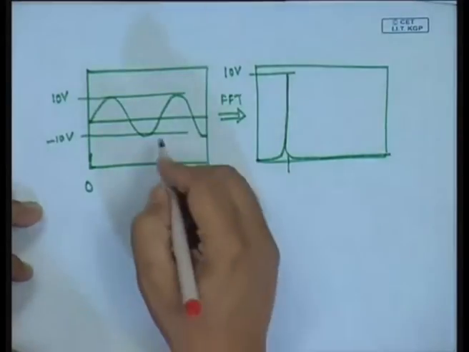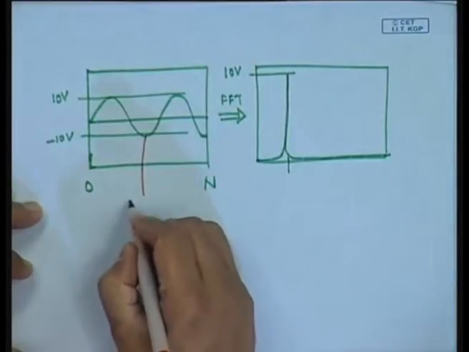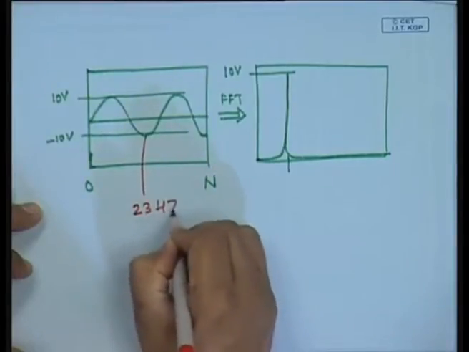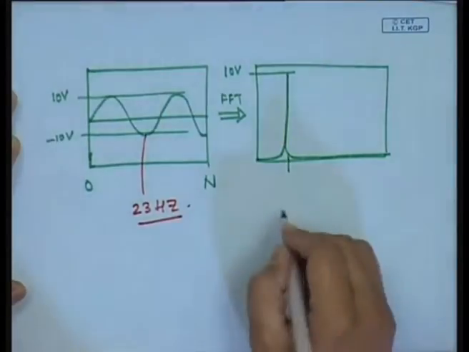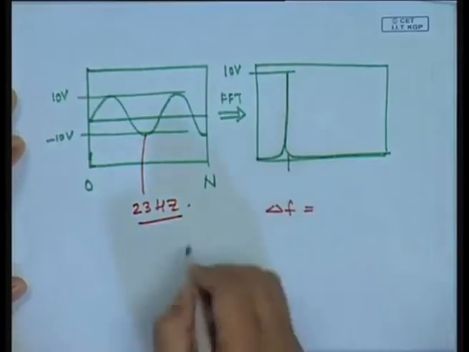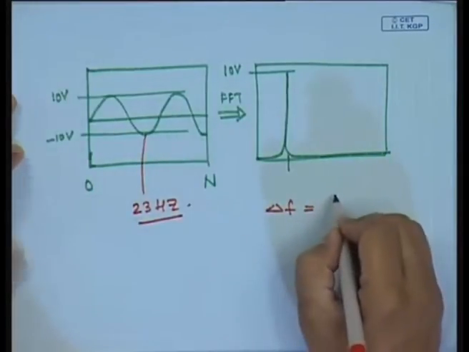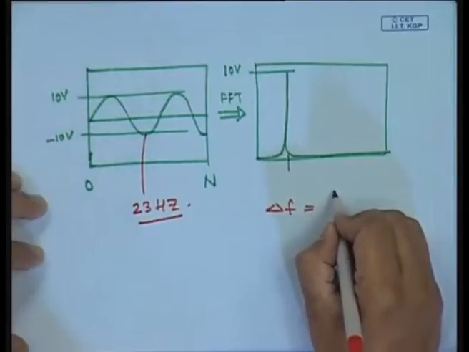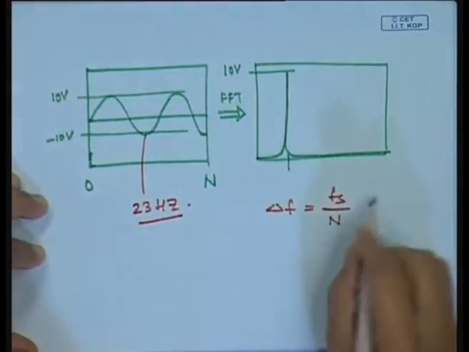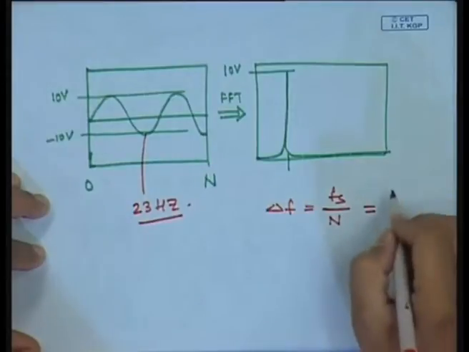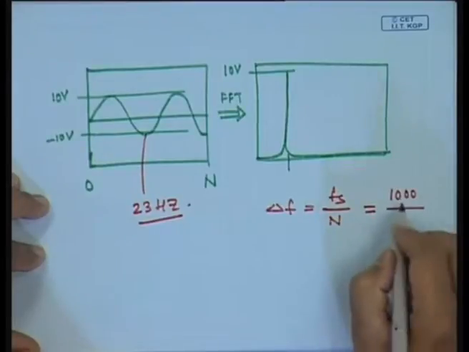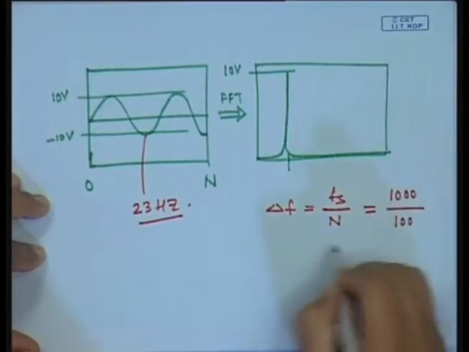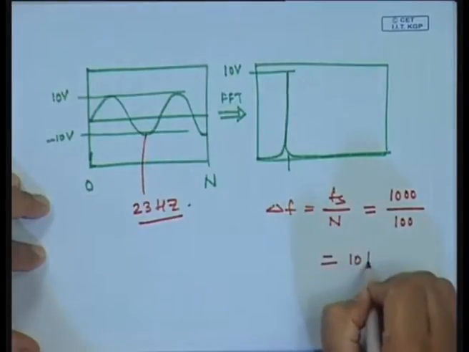I will go into the specific details. For example, this is a signal of a frequency of 23 hertz. Delta f is nothing but your Fs by n, isn't it? So, if my Fs is say 1000 hertz and I have taken n as 100, my delta f becomes 10 hertz.